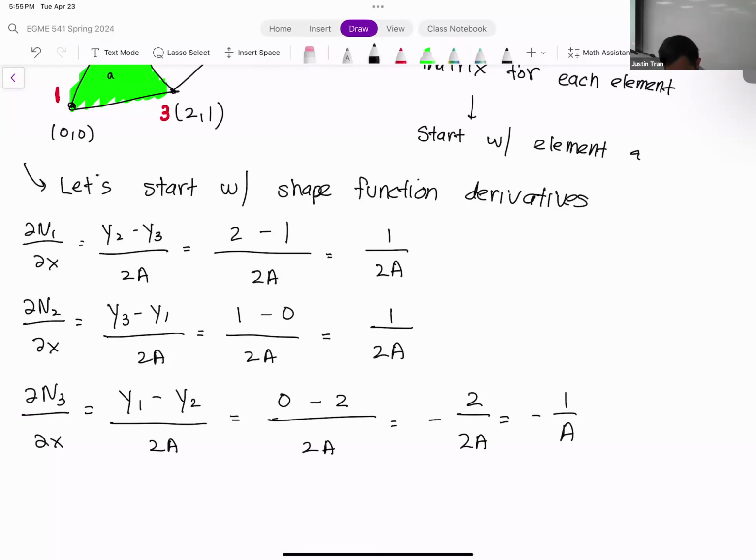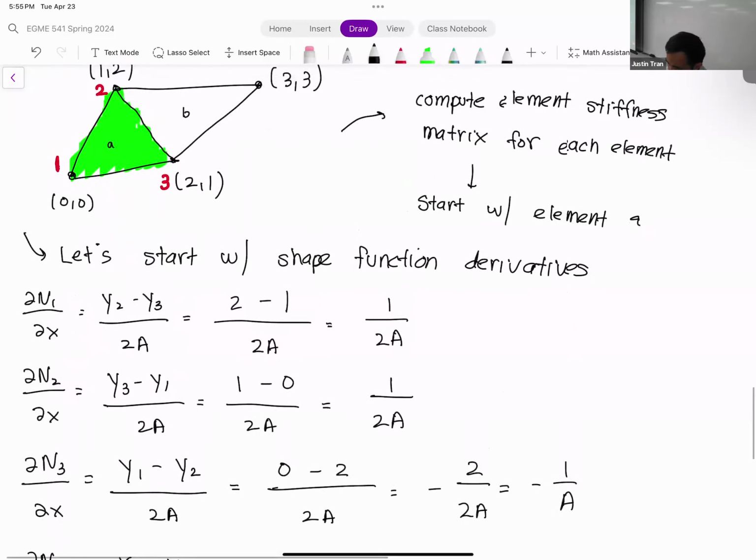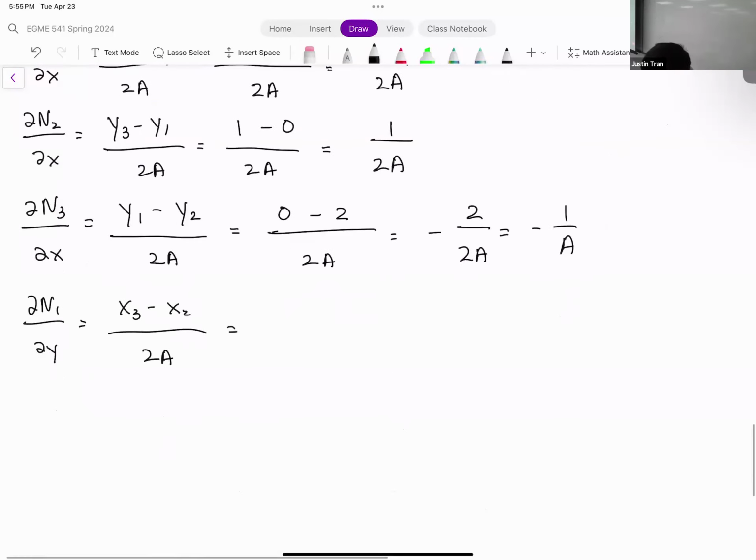All right, so let's do the same thing for the y derivatives as well. So we have partial n1 partial y. This expression is x3 minus x2, all divided by 2a. So we come back up to the diagram here. The x coordinate for node 3 is 2. The x coordinate for node 2 is 1. So once again, we have 2 minus 1 over 2a. This is 1 over 2a.